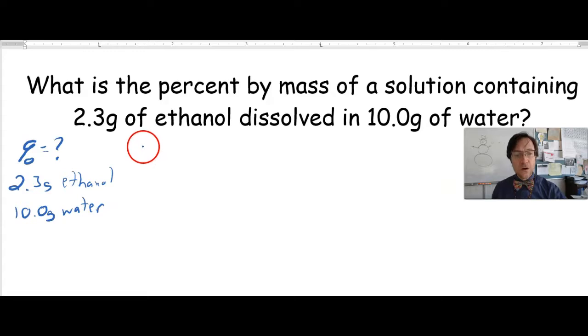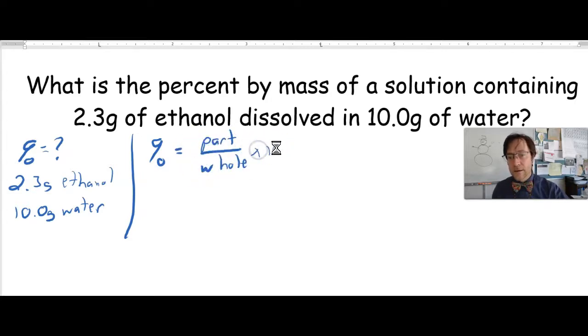All right, so the percent by mass. The percent by mass, or percent, it's really percent composition, is parts over whole times 100. Now remember, it's like the entire solution, right? So in this case, if we're finding the percent composition of ethanol, our percentage will equal the part from our ethanol, which is 2.3 grams.